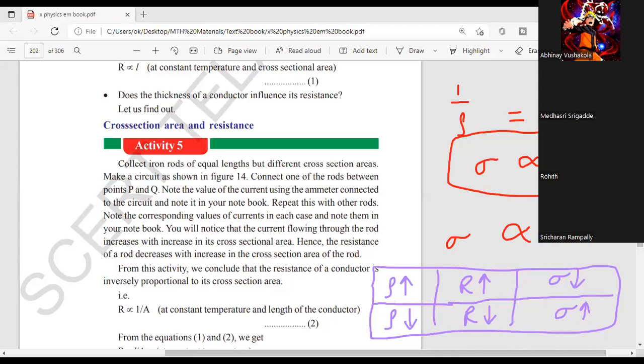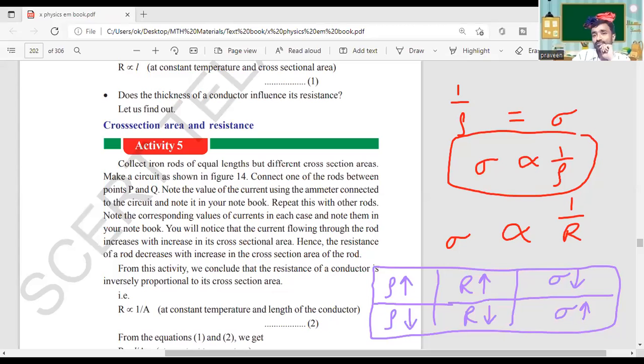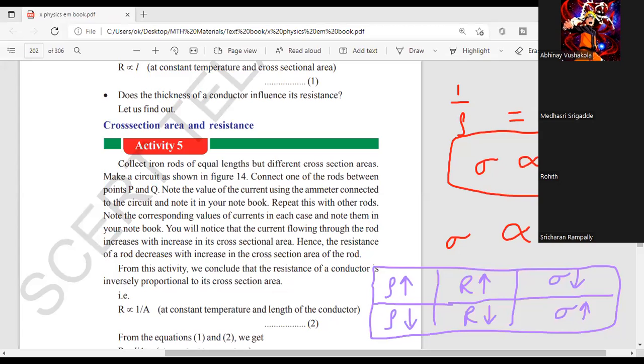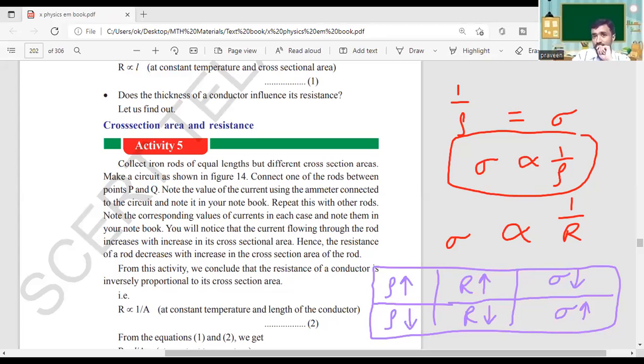So is it clear? Is it an easy method to remember? It will help you in objective bits. Is it an easy method? Yes, right? So remember like this. Make a table. With an increase in resistance, resistivity increases and conductivity decreases.